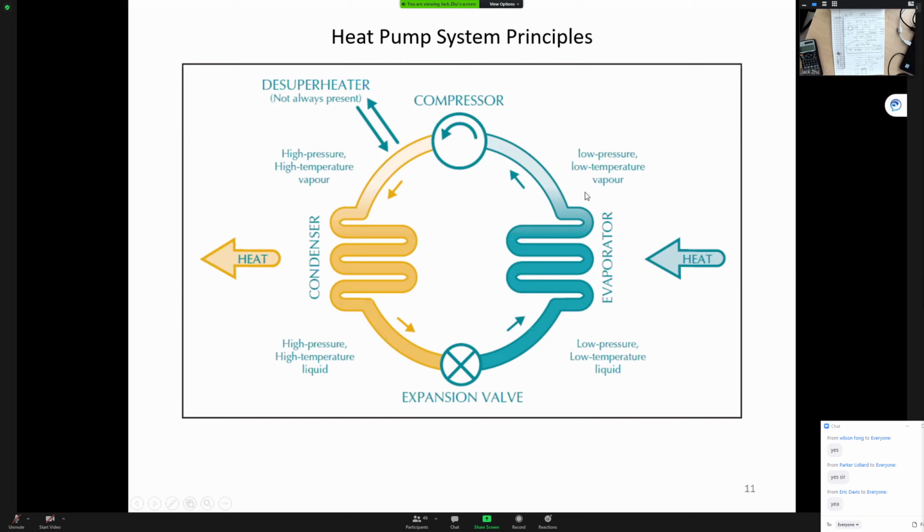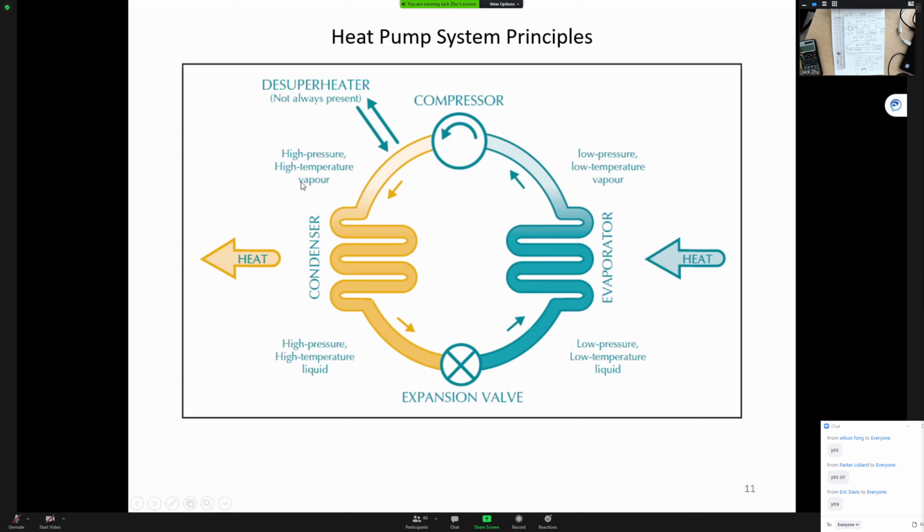When the vapor goes through the compressor, the pressure goes higher, and the temperature goes higher. When the pressure goes higher, the vapor will try to change back to liquid. So it releases the heat called the latent heat of vaporization, because the boiling point is related to the pressure.